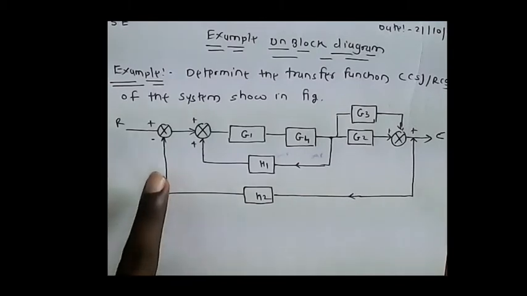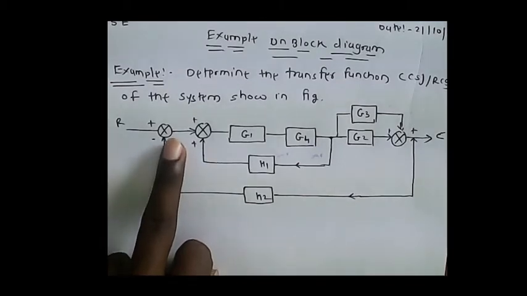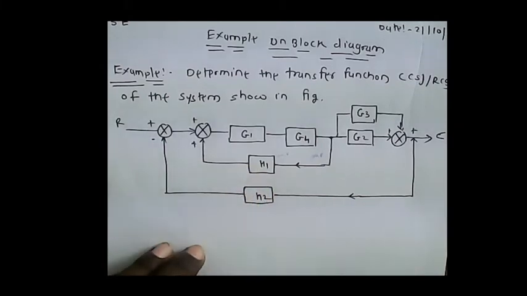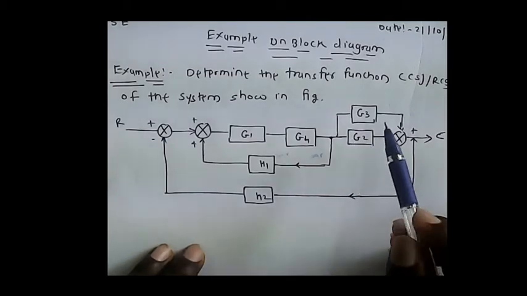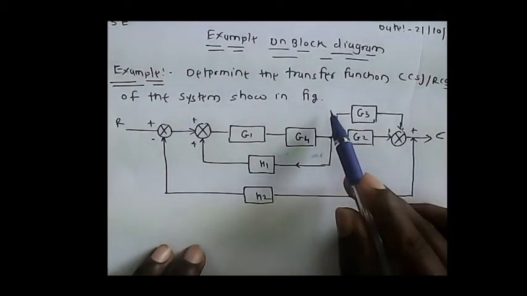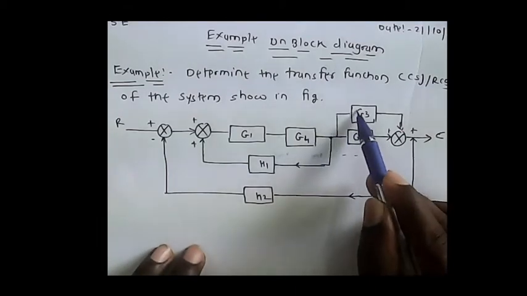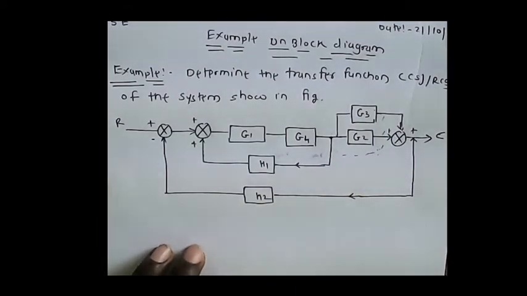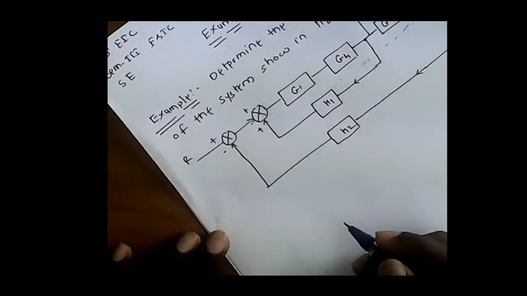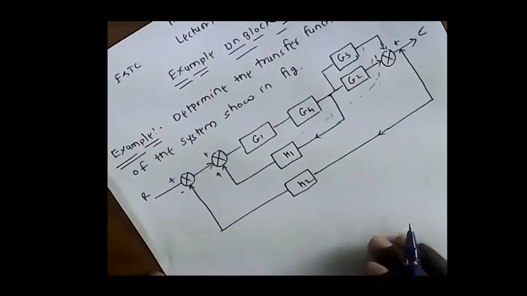If you observe, these are the summing points, these are the blocks, these are the feedback loops. First, looking at G3 and G2, these two blocks are in parallel. So we start with the solution.